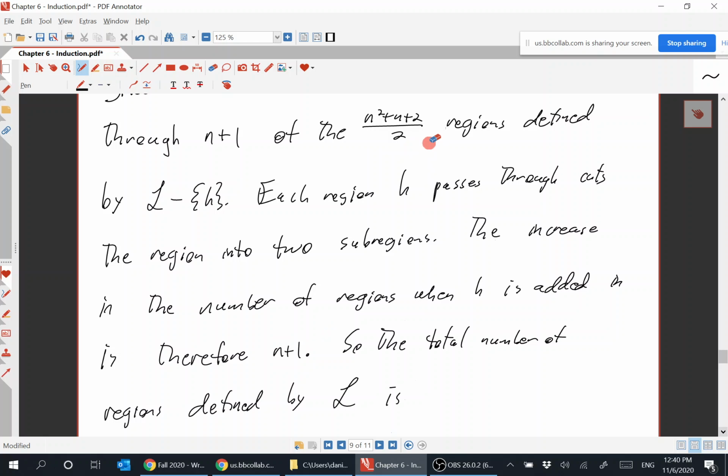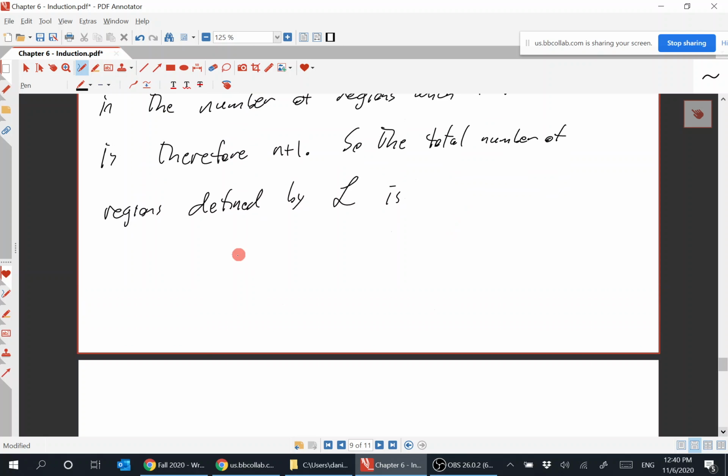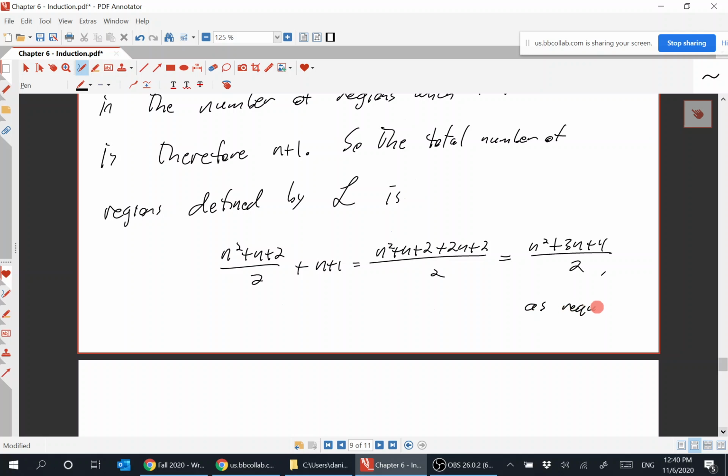So it's n squared plus n plus 2 over 2, plus n plus 1, which is n squared plus n plus 2 plus 2n plus 2 over 2, which is n squared plus 3n plus 4 over 2, as required.